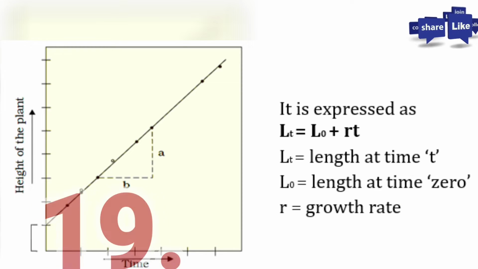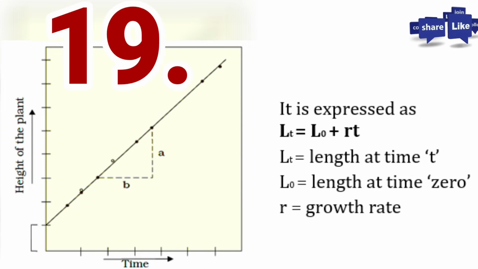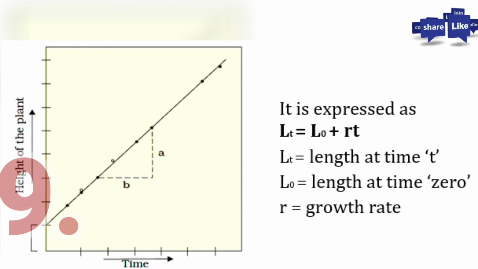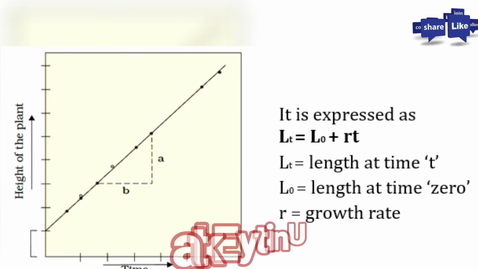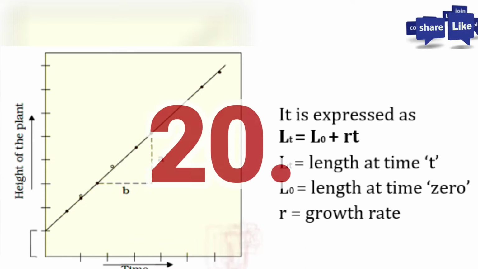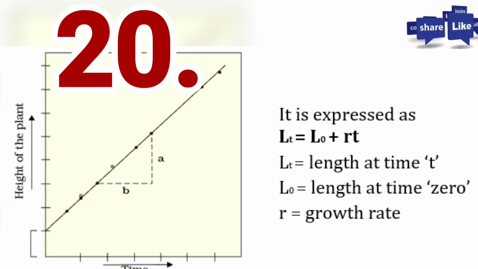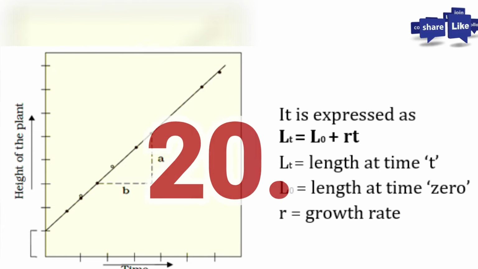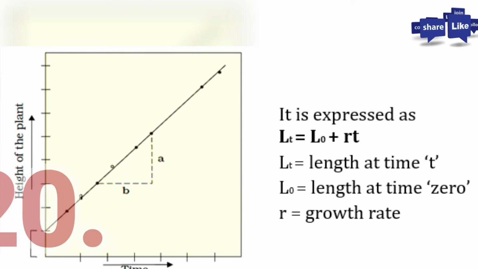It shows linear growth and can be expressed as Lt = L0 + rt. Lt is the quantity or length at time t. L0 is the initial quantity or length at time 0. r is the constant rate of increase or elongation per unit time.